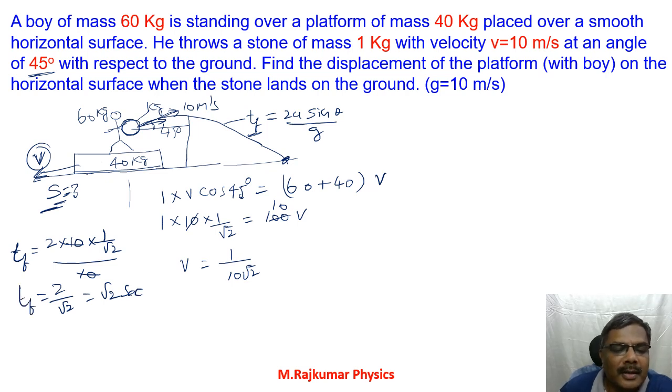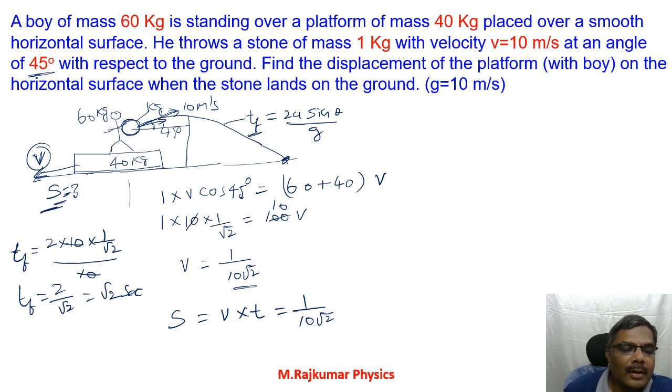So displacement s will be equal to velocity into time. The velocity we have found out is 1 by 10 root 2, into time, which is root 2.